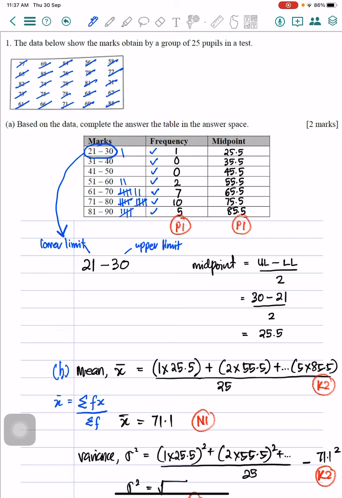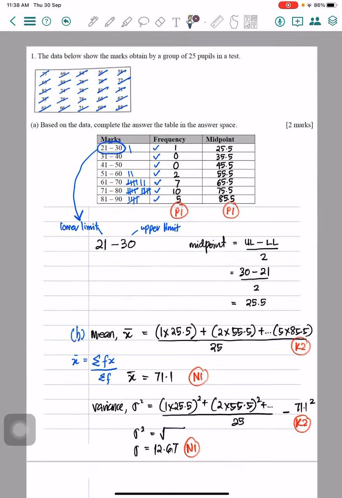You can see your frequency is 1 and your midpoint is 25.5, so you get 1 times 25.5, plus 2 times 55.5, and so on until you finish all the rows of the class interval. Then you divide by the total frequency, which is 25. So you get 71.1 for your mean. For the marking, if you show the working like this you get K2, 2 marks, and if your final answer 71.1 is correct, you get N1, 1 mark.